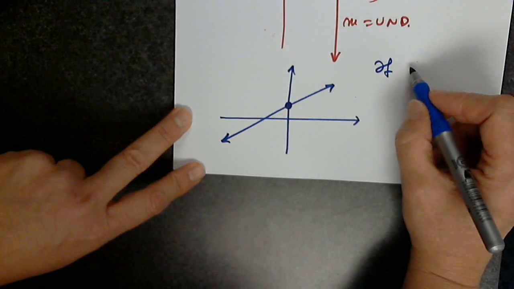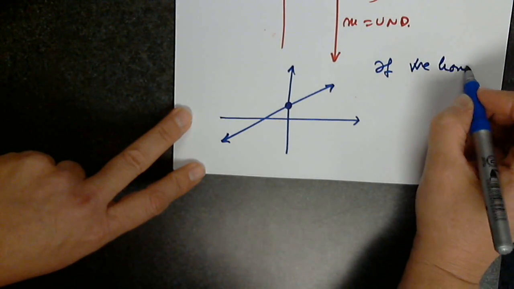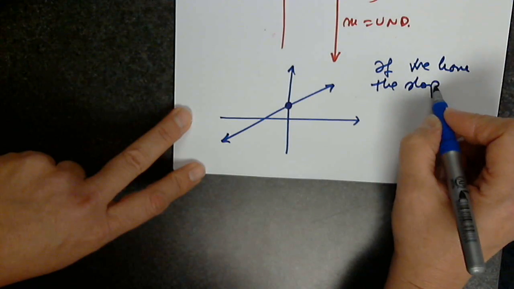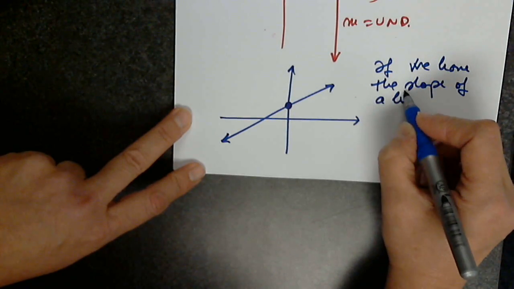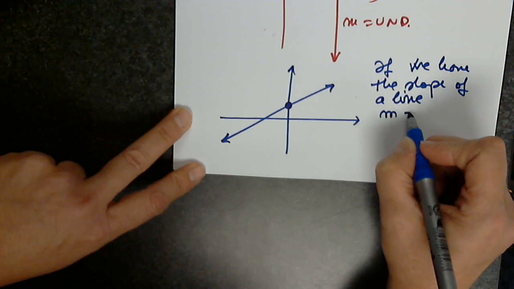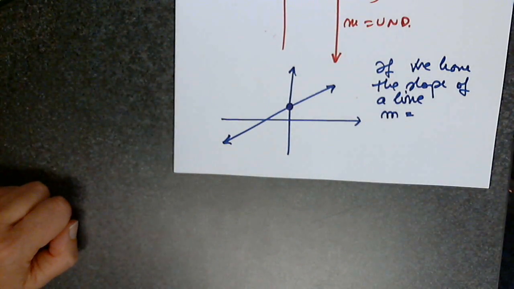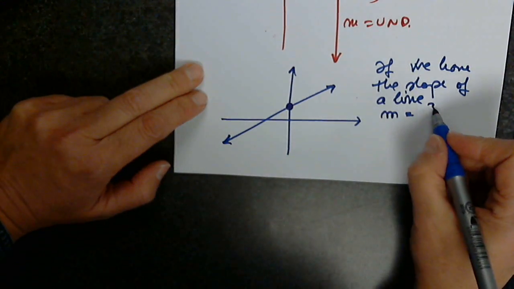If we have the slope of a line, can you give me a slope? 3/2. Excellent.